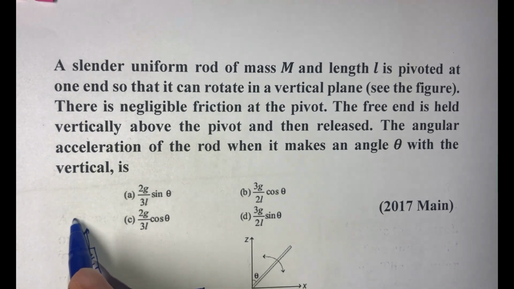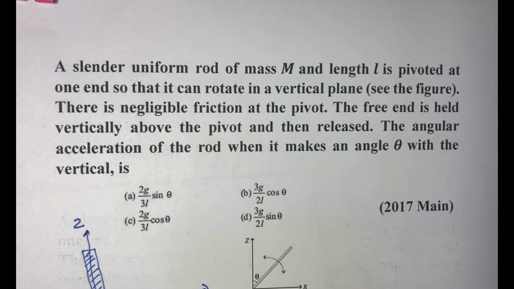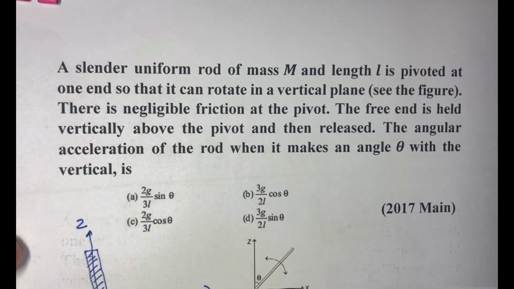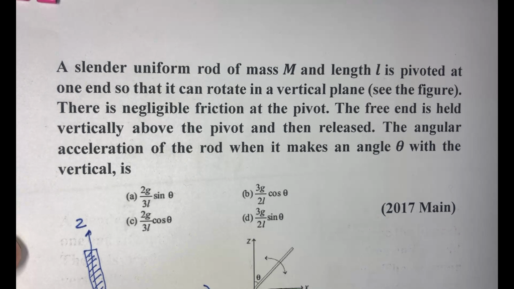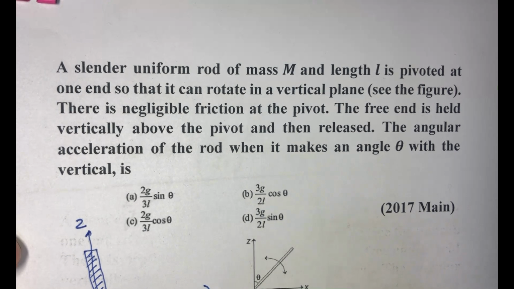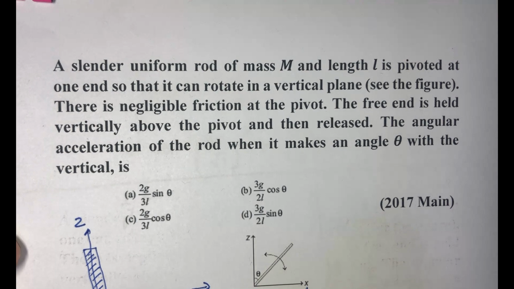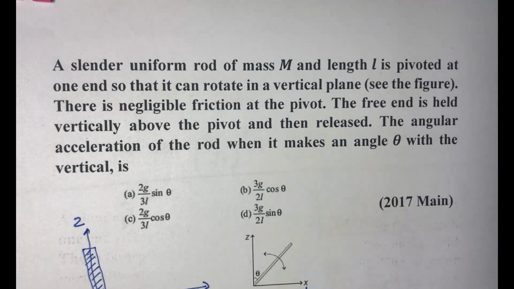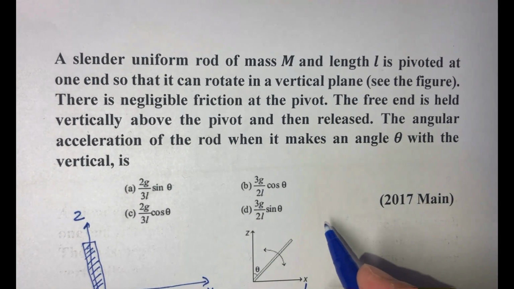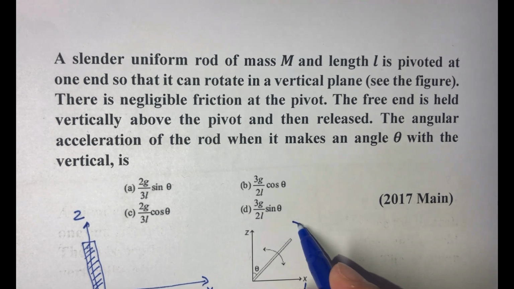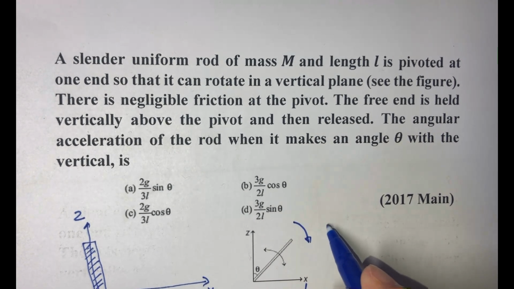Okay, so this is our z axis and this is our x axis. So this is our initial position, and let us say this is our final position. And here it is having an angular acceleration of alpha.